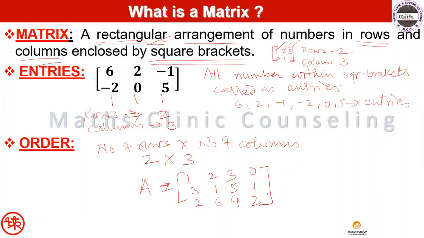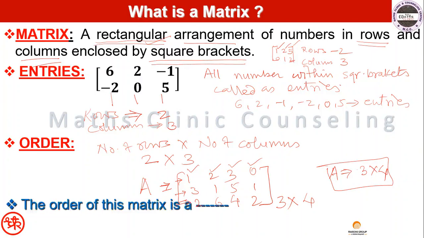How many rows are there? 1, 2, 3, so 3 rows. And how many columns? 1, 2, 3, 4. So A is a matrix of order 3 by 4. Is that clear?